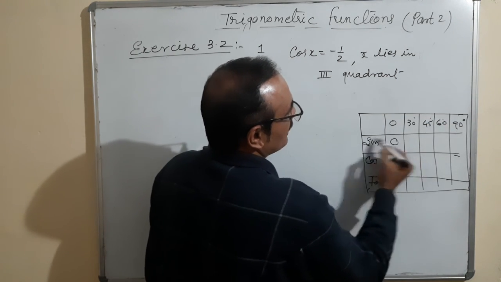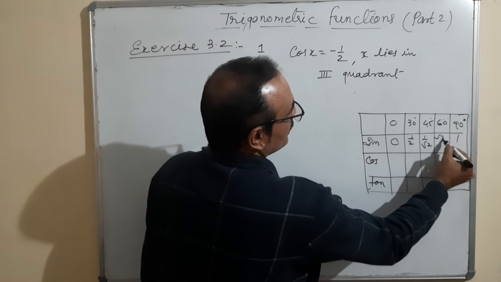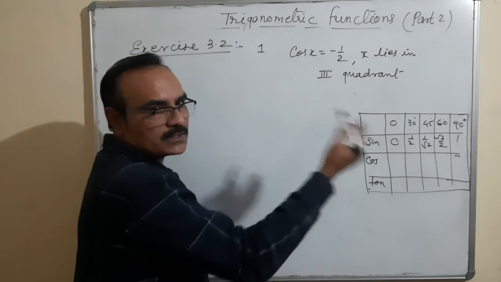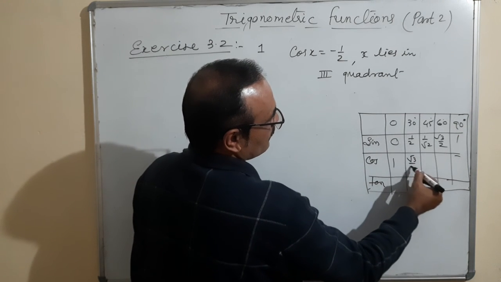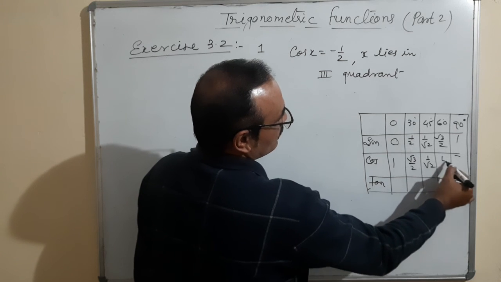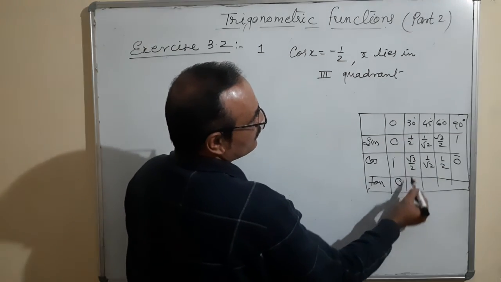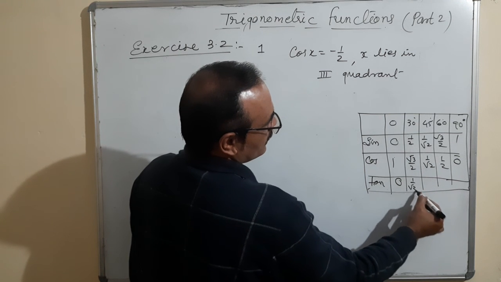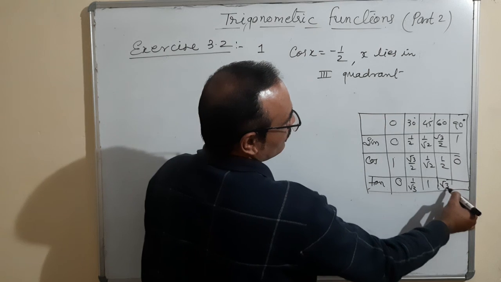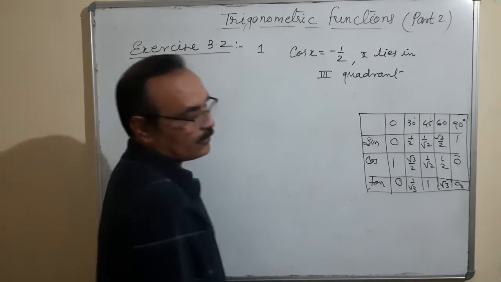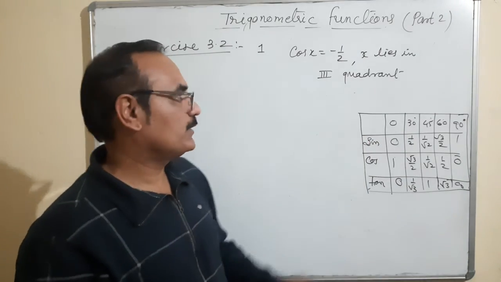Sine: 0, 1 by 2, 1 upon root 2, root 3 by 2, 1. The cos is just the reverse: 1, root 3 by 2, 1 by root 2, 1 by 2 and then 0. Tan is sine upon cos, so it is 0, 1 upon root 3, 1, root 3 and 1 upon 0, that is not defined. The values of cosec, sec and cot are the reciprocal values of these.